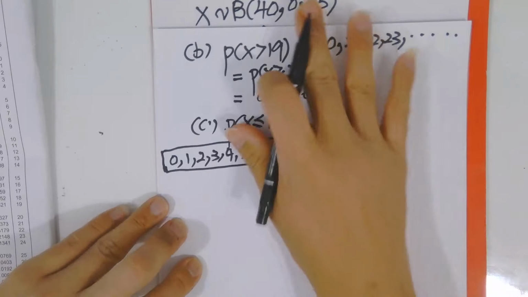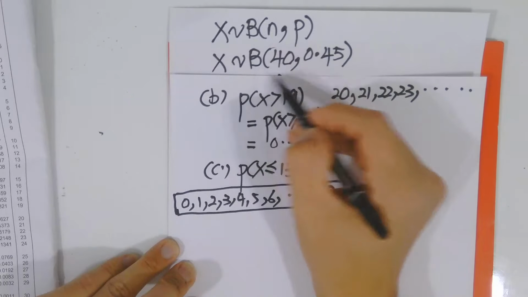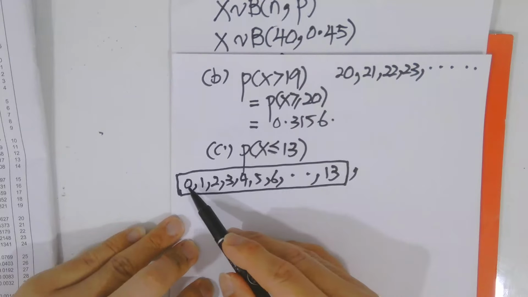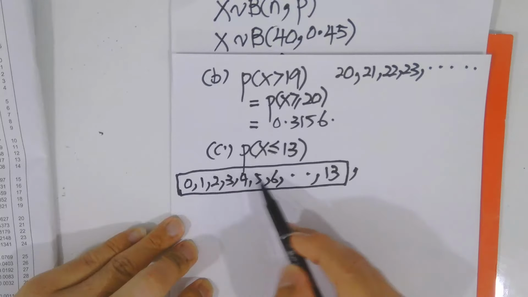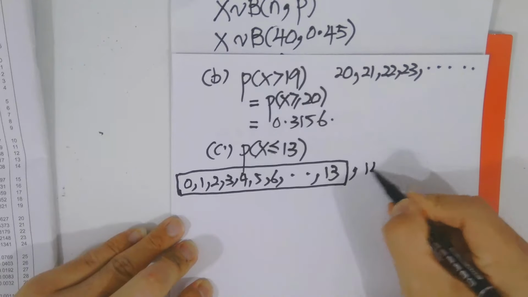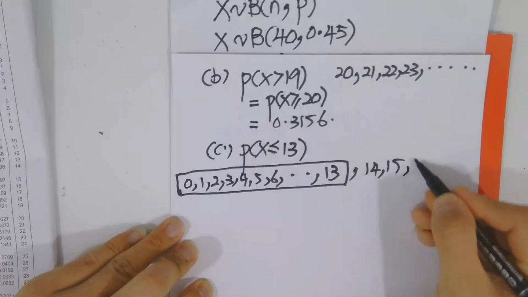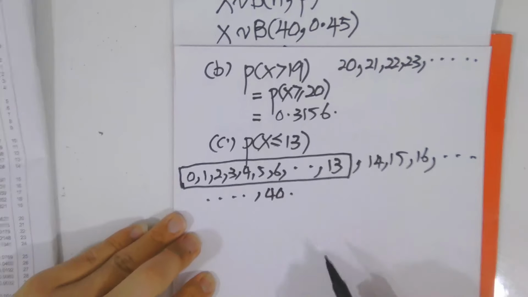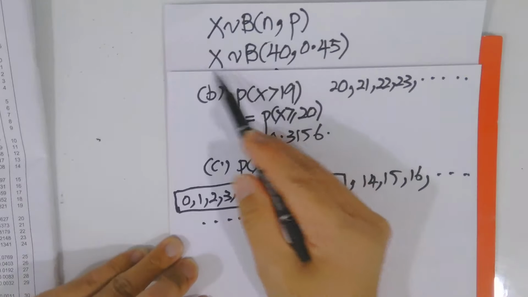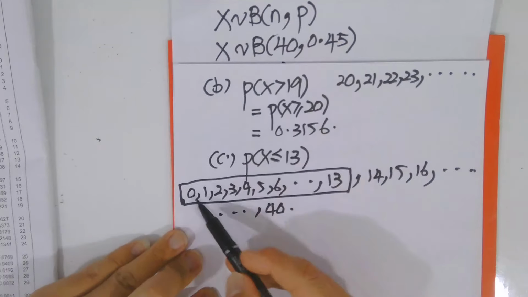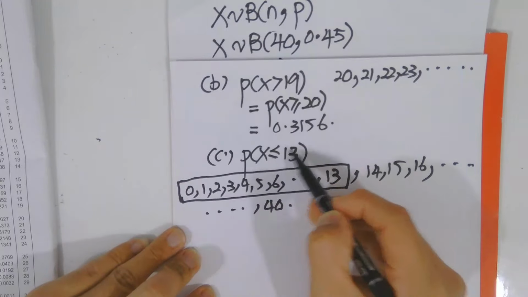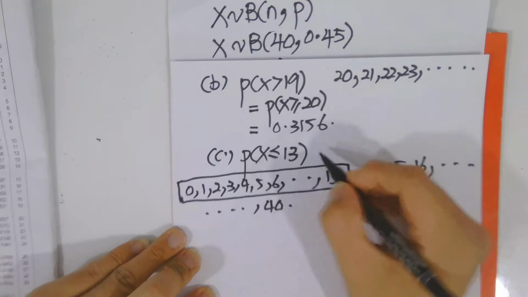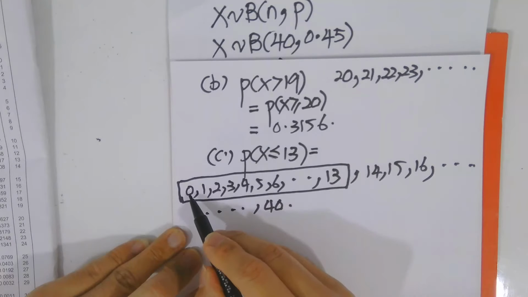Since you have 40 samples, the X value can be from 0, 1, 2, 3 up to 40. It will start with 14, 15, 16, up to 40. The maximum X value that can be taken here is 40 and the minimum is 0. They just want at most 13, from 0 up to 13. That means 14 onwards they don't want. So I have to take everything.